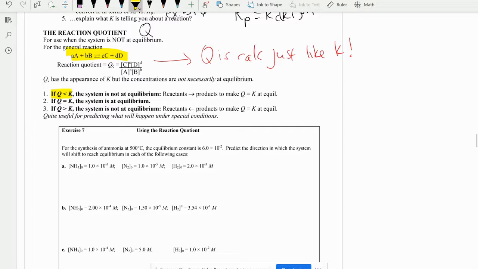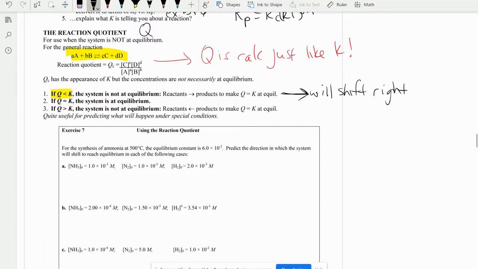And when you compare the two, if Q ends up being less than K, you guys, the system is not at equilibrium. It's just not. What happens if Q is in fact less than K? Then the reactants go to the products, the reaction is going to shift right to favor the products.